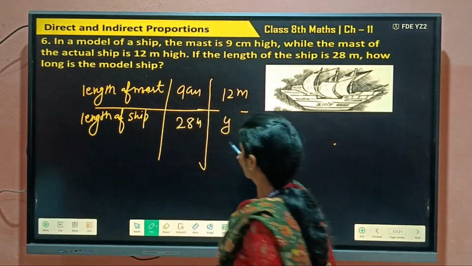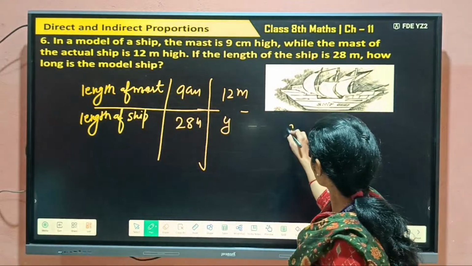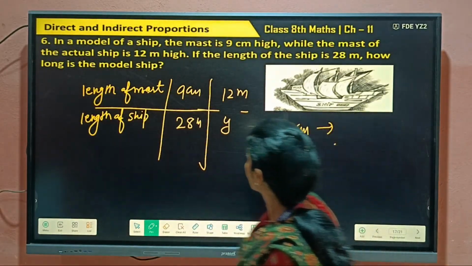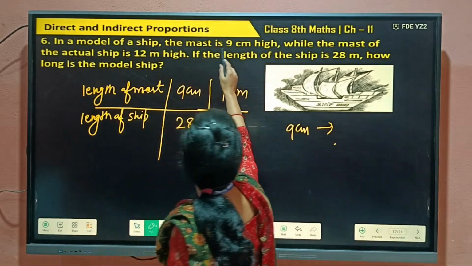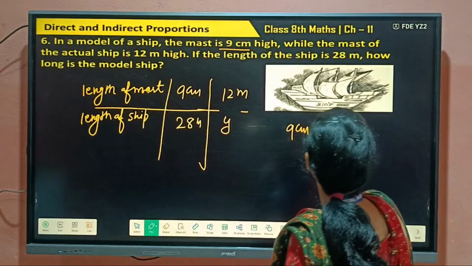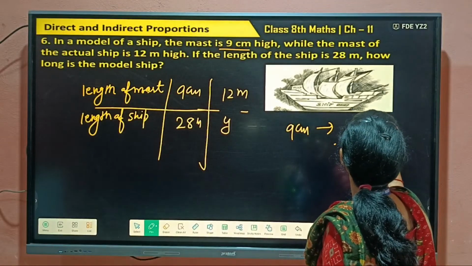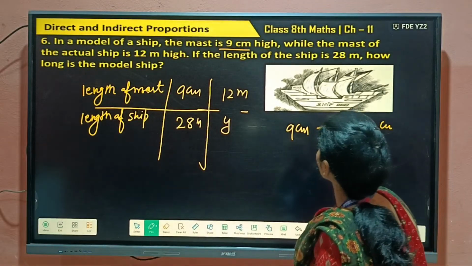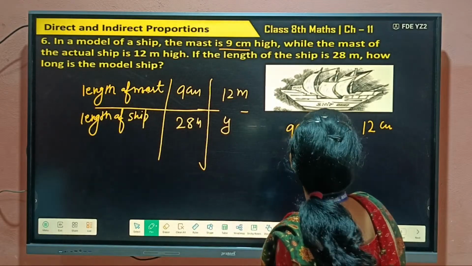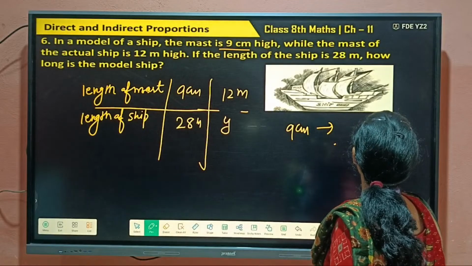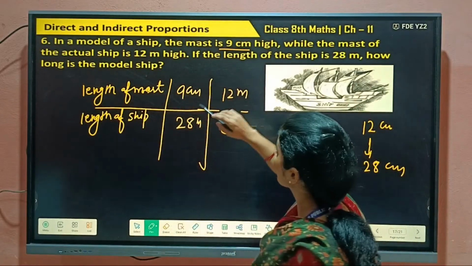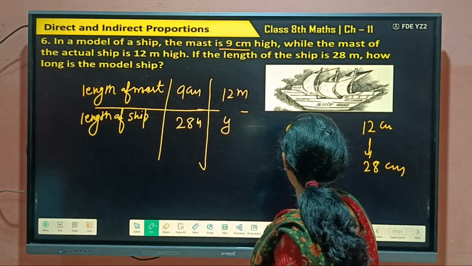Now 9 centimeter is mast of the model ship, while the mast of actual ship is 12 meter. If the length of the ship is 28 meter, how long is the model ship? This we need to find out.